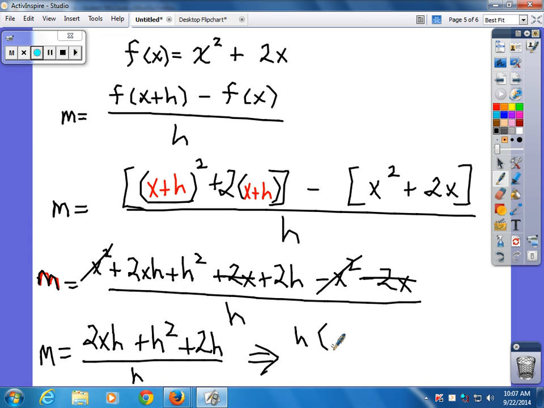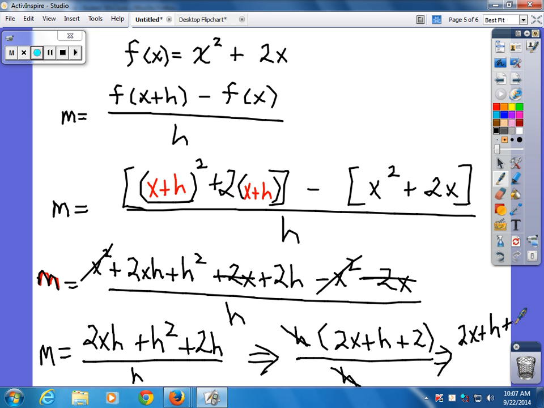That's going to leave you with 2x plus h plus 2 over h. And the h's do what? Cancel. And you're left with 2x plus h plus 2. That is your Math 110 answer. So the answer for college algebra is 2x plus h plus 2.